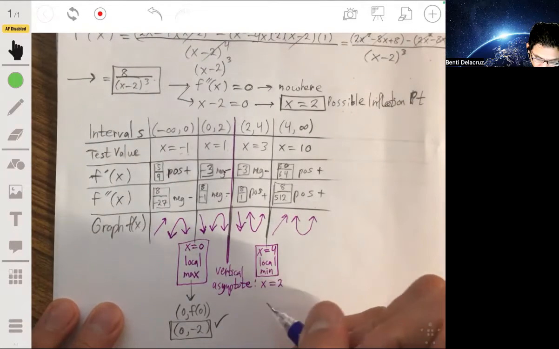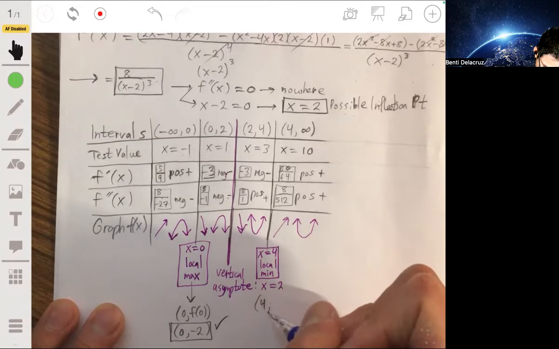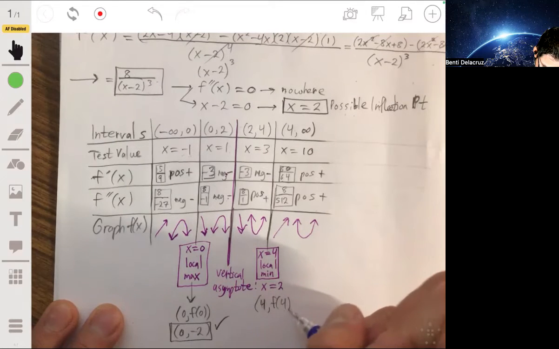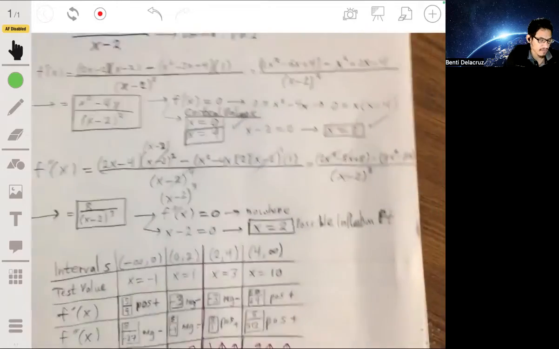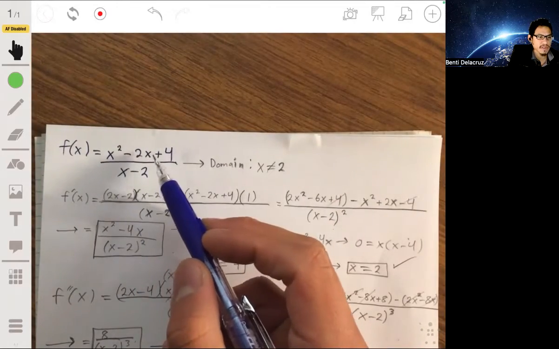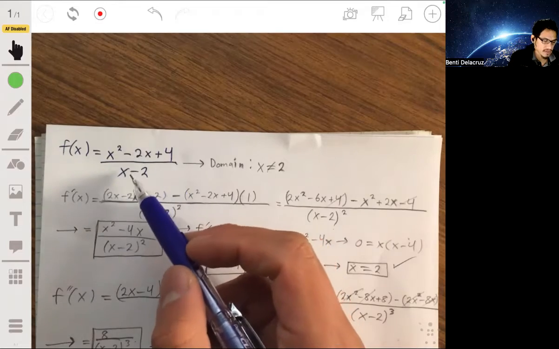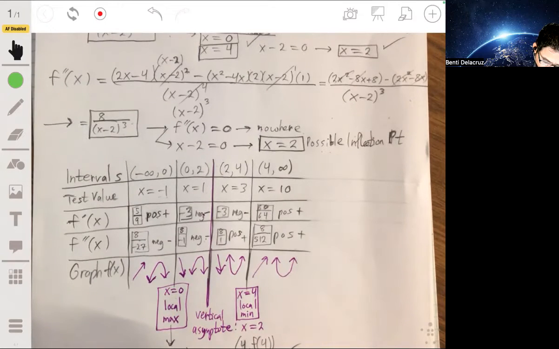And the local min, we're going to have at 4, f of 4. We plug 4 into the function. It's 16 minus 8, plus 4, is 12, over 2, so we get 6. Again, local max, local min.